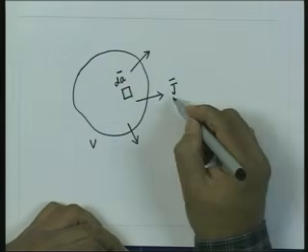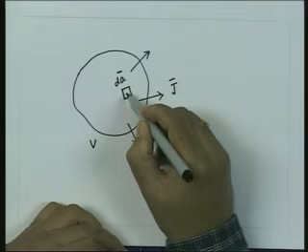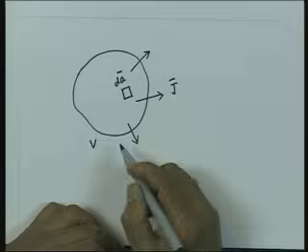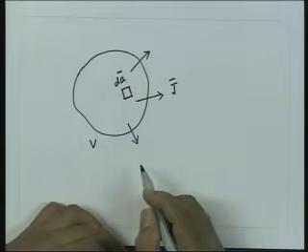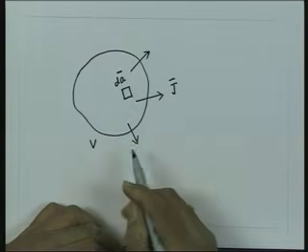So, if I take the dot product of conduction current density and the area, that gives me the outward current from this infinitesimally small area, and if I integrate that over the entire surface, I get the net outward current from this surface.